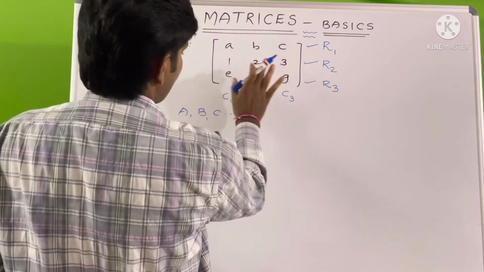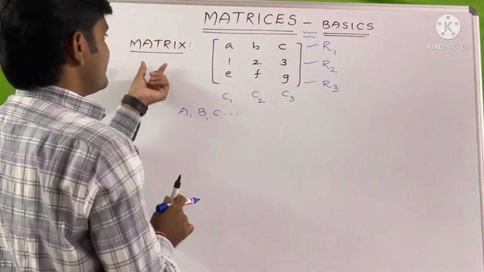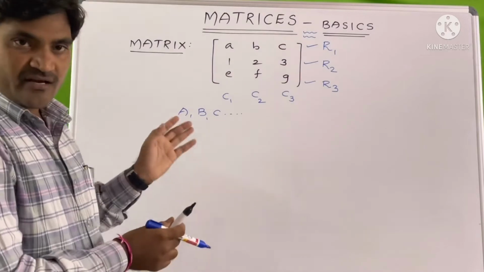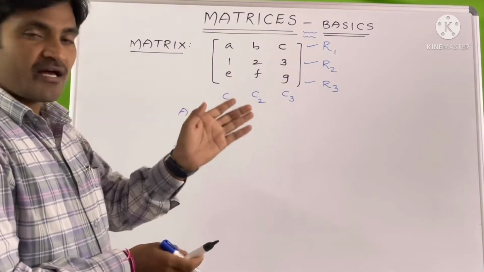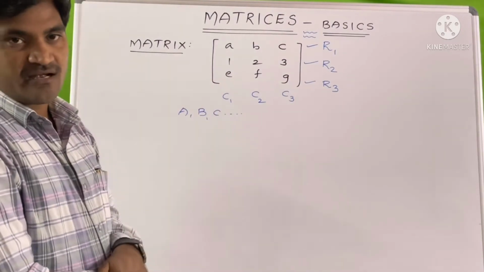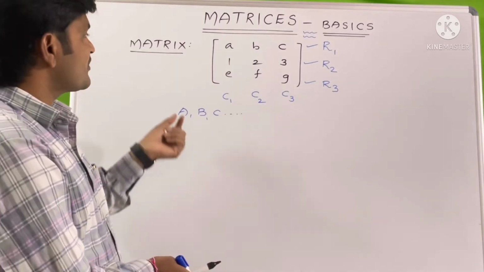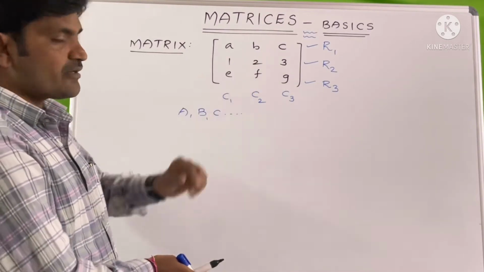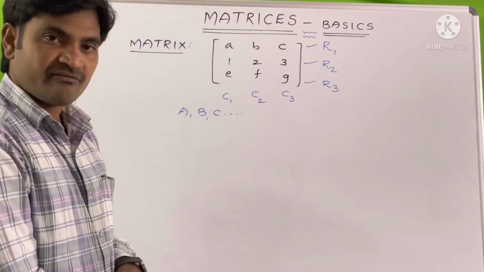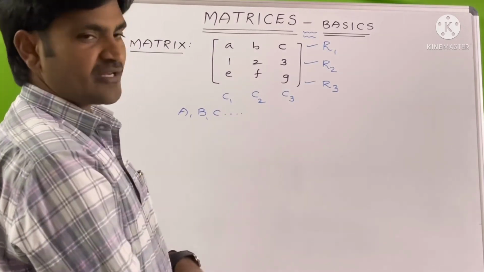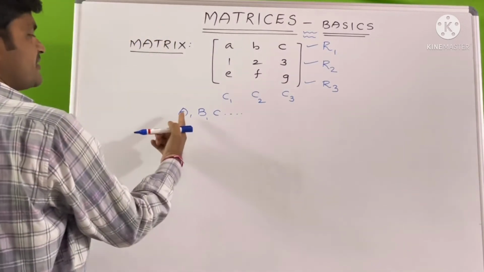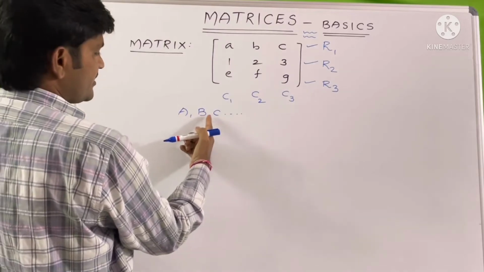Alright. So this is a matrix definition. Definition repeating again: an ordered rectangular array of elements is called a matrix. Simply we say that we arrange some elements in rows and columns, we get a form, and that form is called a matrix. So symbols are capital A, B, C.